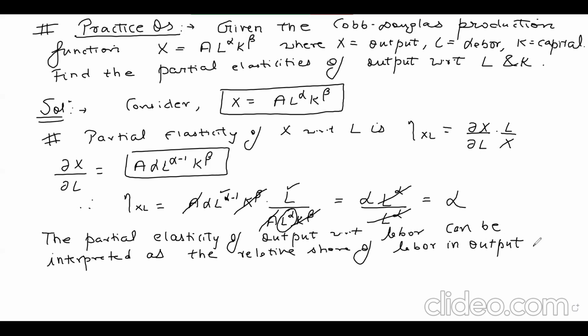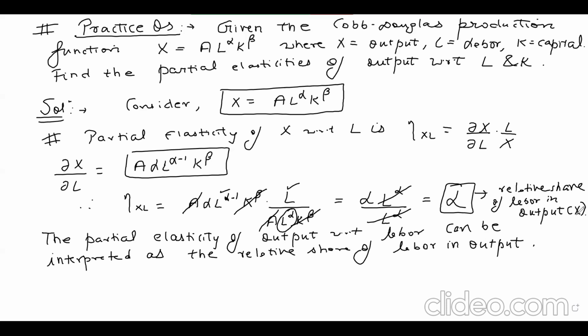Because if you look at eta XL, it has come out as alpha, and alpha itself is nothing but the relative share of labor in output.